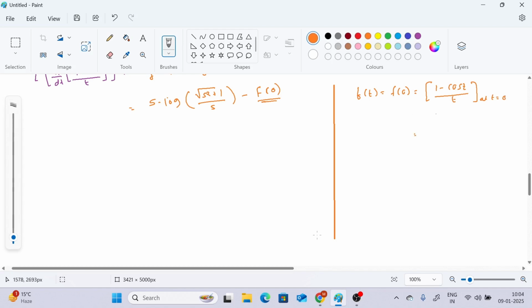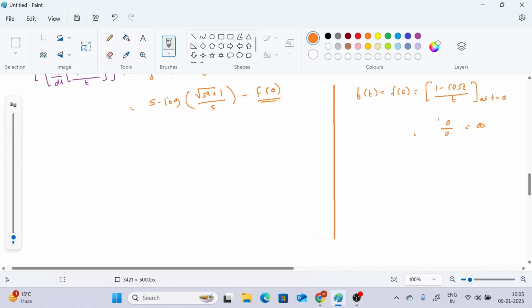If you put the value of t as 0, you will get 1 minus cos of 0, that is 1 minus 1, 0, so you get 0 upon 0, which is meaningless, so we are not going to use that.